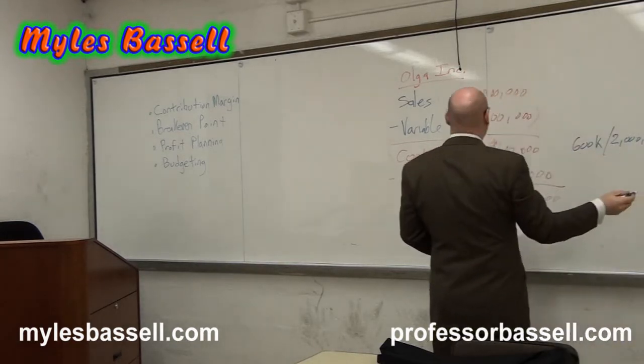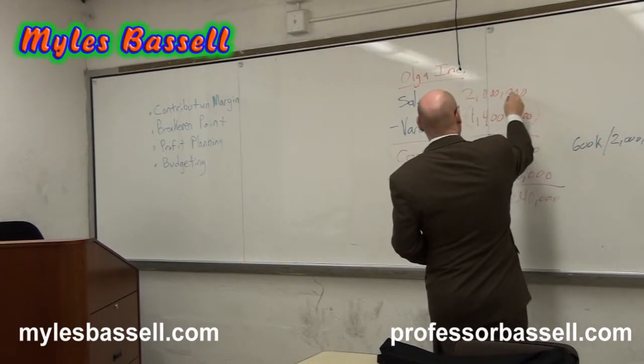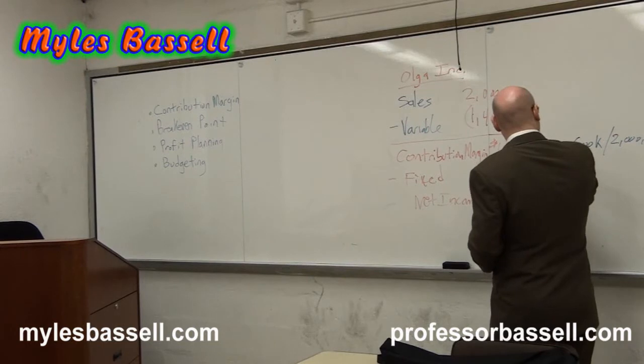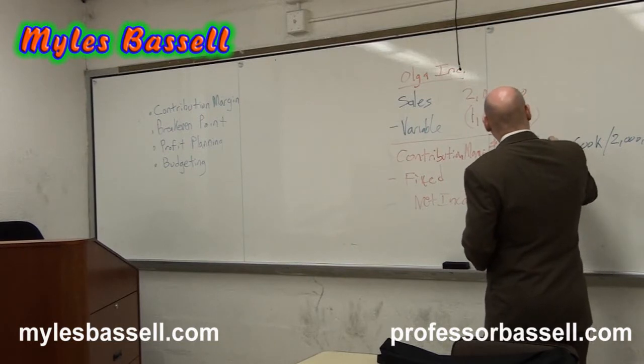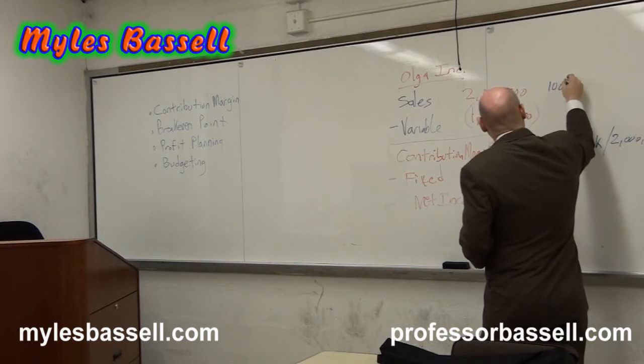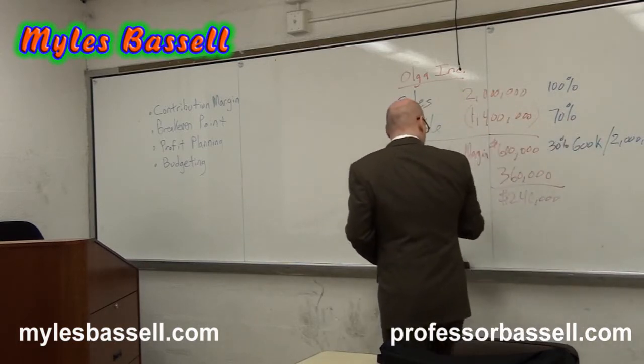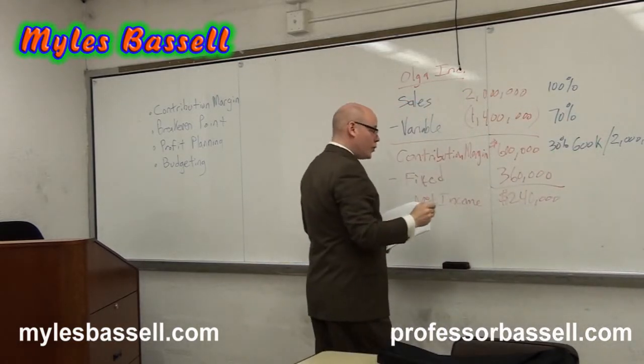So 30% of $2 million is a contribution margin of 600,000. This is 30%, this is 100%, and the variable costs are 70%. We were still making money.